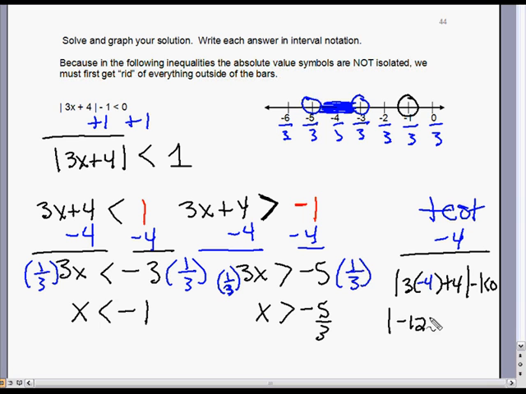So now we have -12 plus 4, that's in absolute values, subtract 1 is supposed to be less than 0. The absolute value of -8 minus 1 is less than 0. The absolute value of -8 is 8. 8 minus 1 is 7, and 7 is less than 0. So this is a true statement.